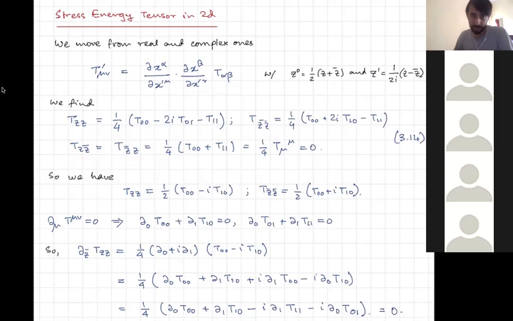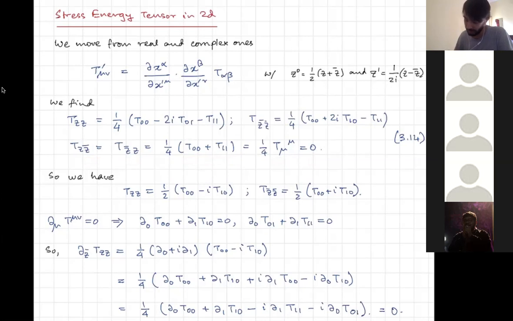The fun thing is that T_ZZ̄ and T_Z̄Z, these 2 guys, are related to T00 plus T11, which is the trace, and this has to be equal to 0, right? So these 2 guys are equal to 0. So what you'll end up with is two combinations, which are T_ZZ and T_Z̄Z̄. These are the ones which are non-zero.